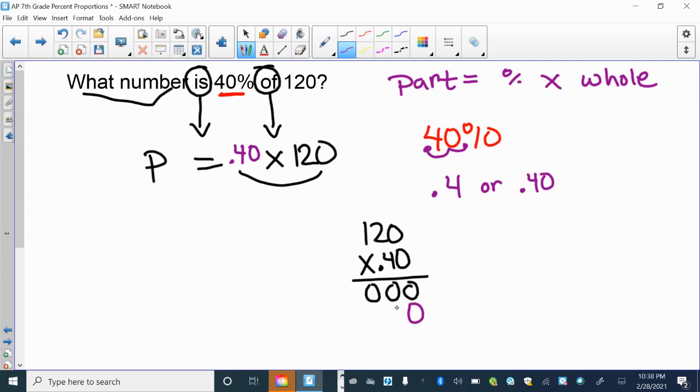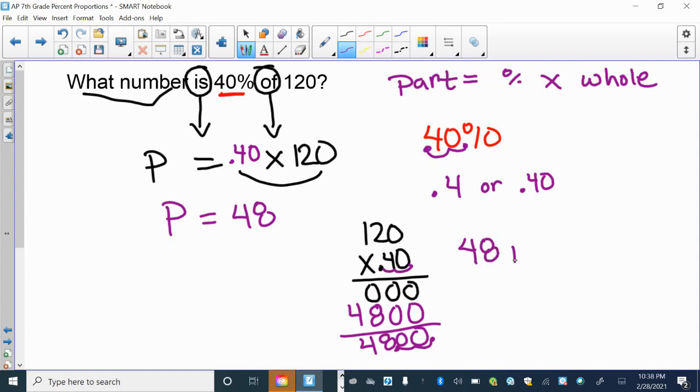So 4 times 0 is 0, and 2 times 4 is 8, and 1 times 4 is going to give me 4. So now I'm going to add this all up, which is 4,800. And I have 2 decimal places here, so I'm going to move my decimal 2 places over, and my answer is 48. So 48 is 40% of 120.